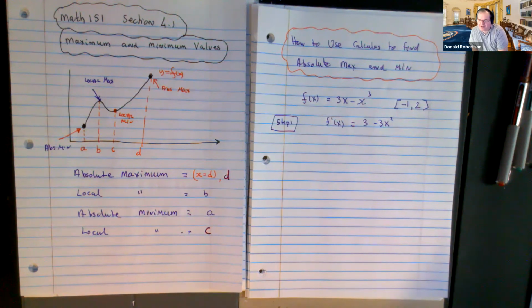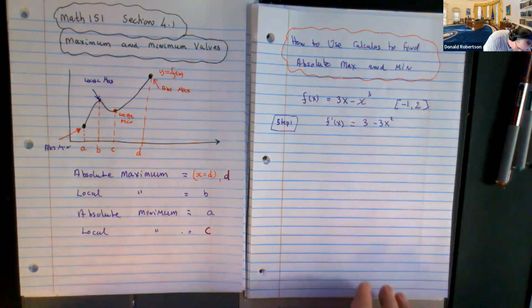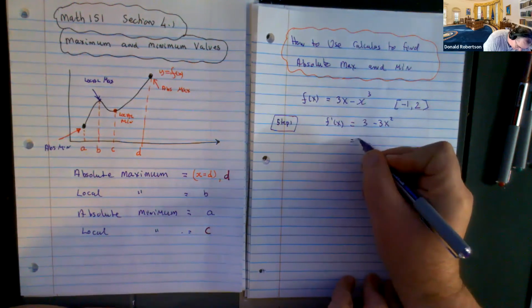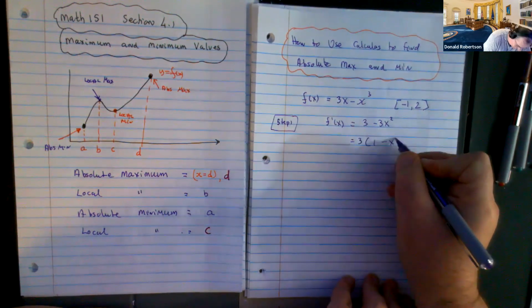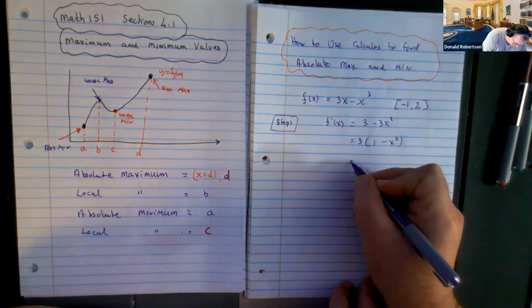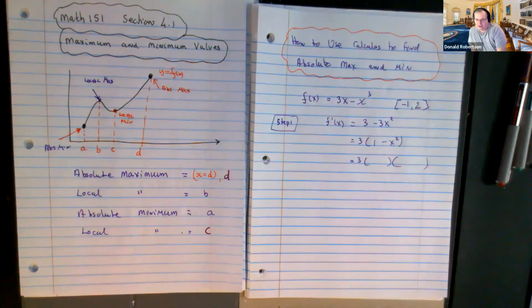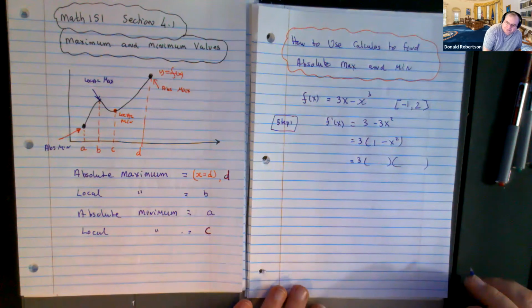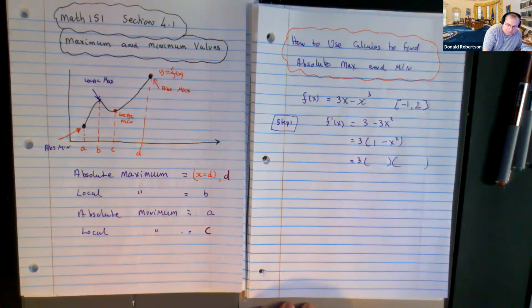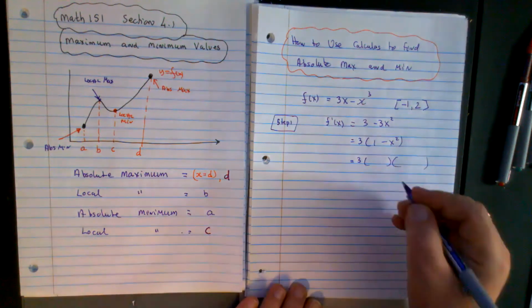That was like my second thing to do. So I am going to pull out 3 as a common factor. And now I'm going to give you the challenge. 1 minus x squared actually factors. And if it does, you should do it. What does 1 minus x squared factor into? One minus x squared. What are the 2 factors that make that? 1 minus x and 1 plus x.